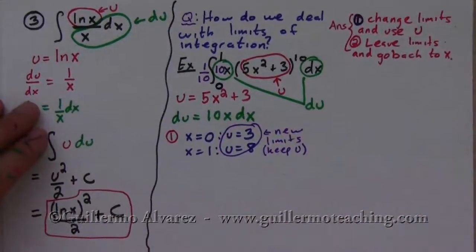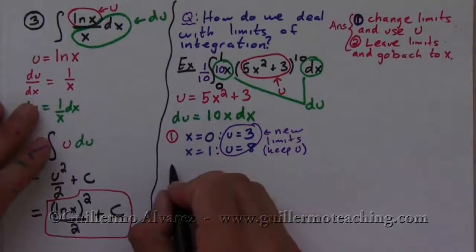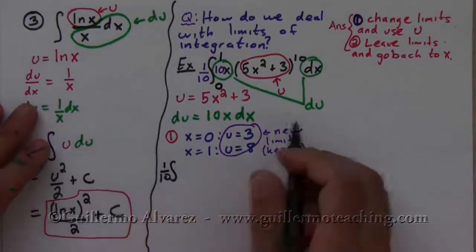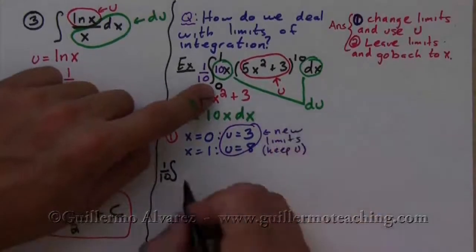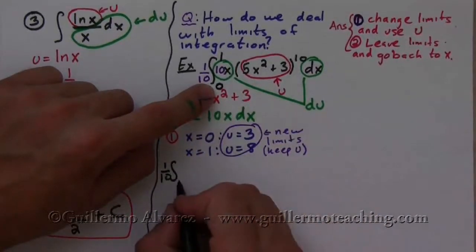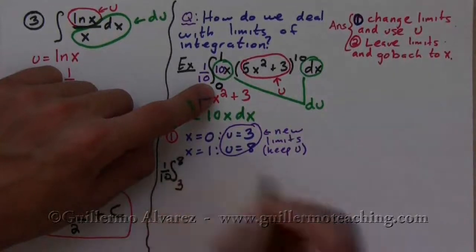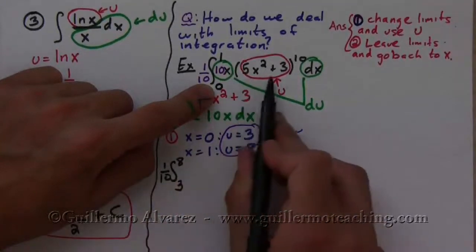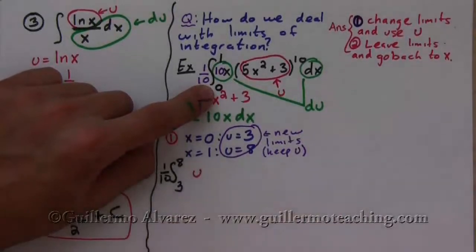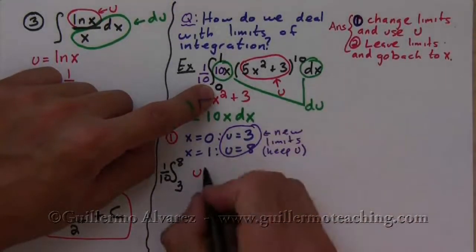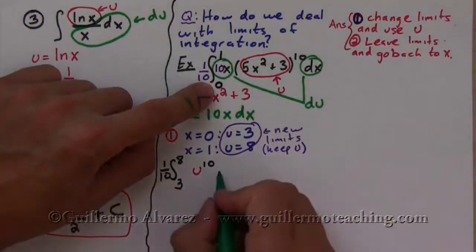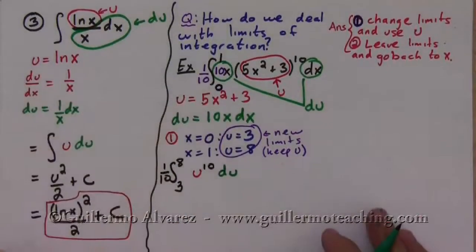And we're going to keep u in the end, which is different from how we've been doing the indefinite integrals. Okay, so what we're going to have is 1/10 the integral from, instead of 0 to 1, since I'm changing everything to u, I'm going to go from 3 to 8. And this guy is going to be u raised to the 10th power, and then these two put together turn into du.